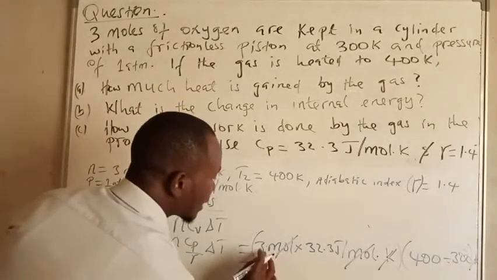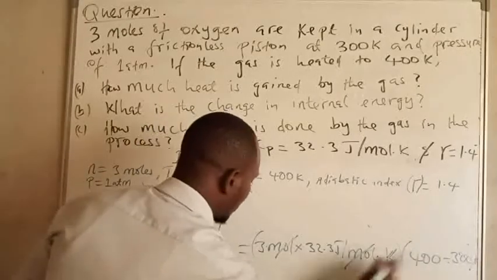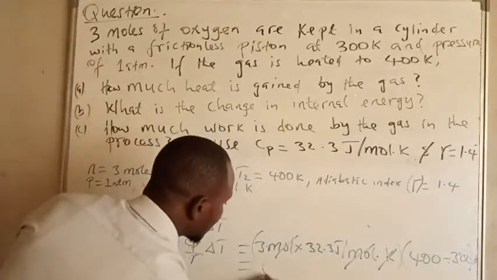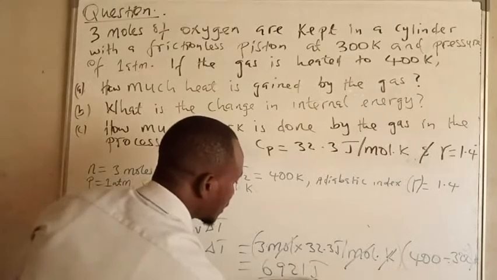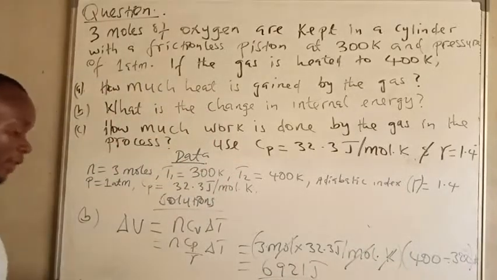When we punch in 3 times 32.3 times 100 divided by 1.4, we get 6921 joules. And this is the answer for the second part.